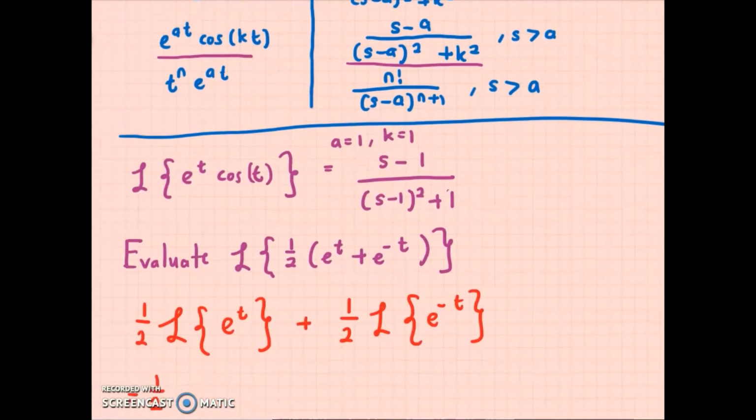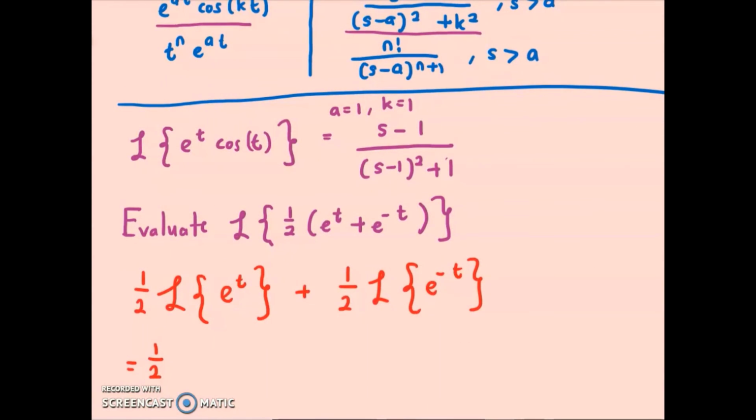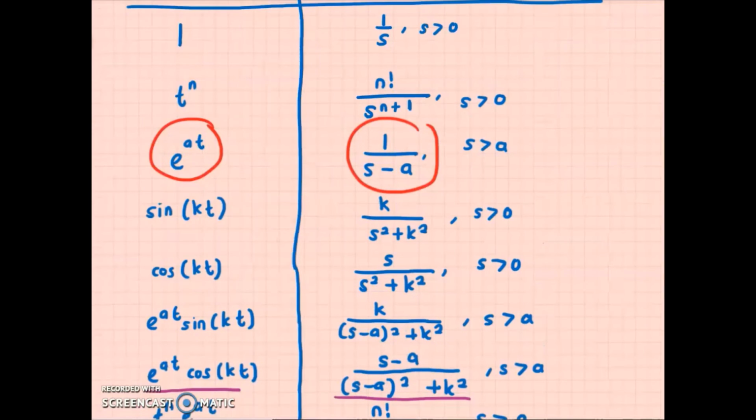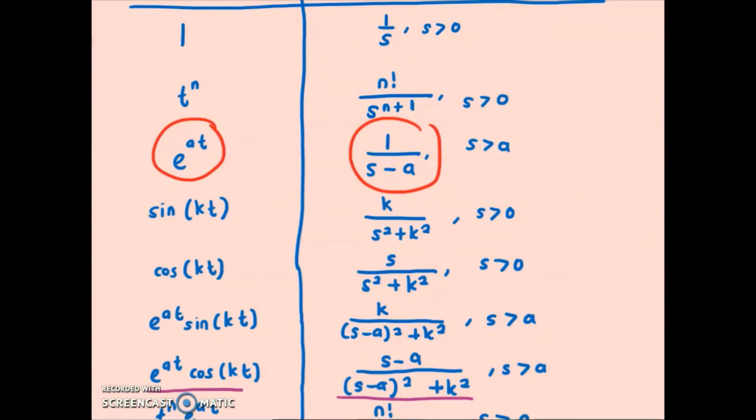Okay, so this table is very handy. So I have 1 over s minus 1, and then plus half of the Laplace of e to the negative t, when a is negative 1. Look at your table again. When a is negative 1, I have 1 over s plus 1.